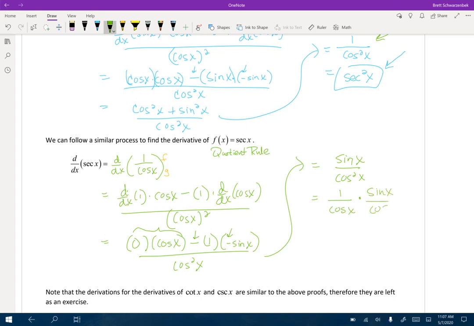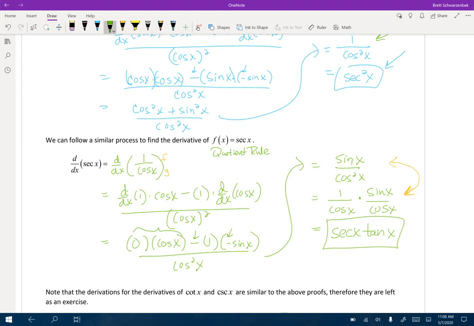Okay, so if you look at this in detail, some students have a very difficult time seeing this to this, but if you reverse the process and go the other way, they can clearly see that this down here is equal to what's up there. So just realize they're the same thing. So if we derive this, 1 over cosine is secant x, sine over cosine is tangent x. So the more common definition of the derivative of secant is secant tangent.